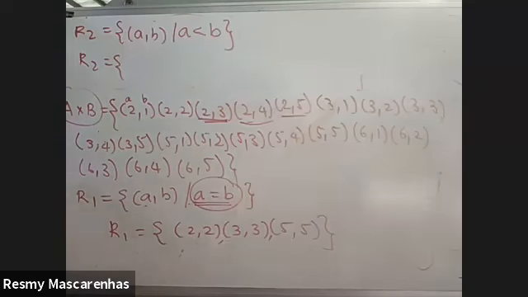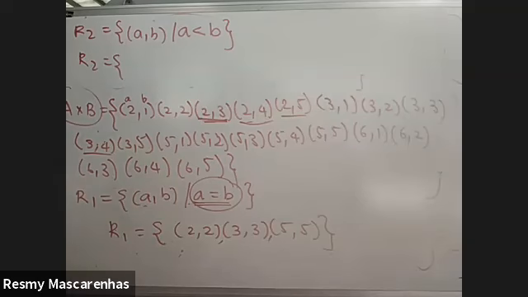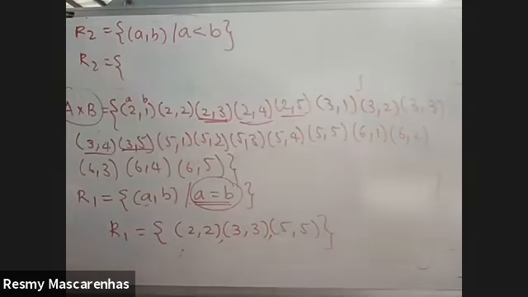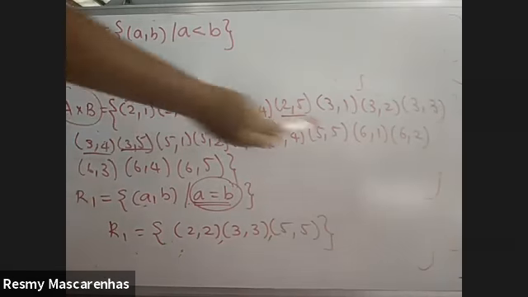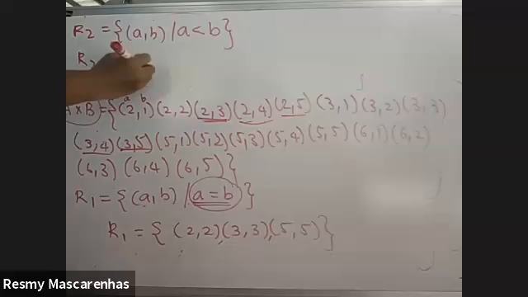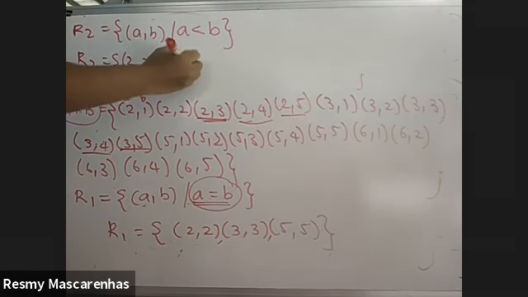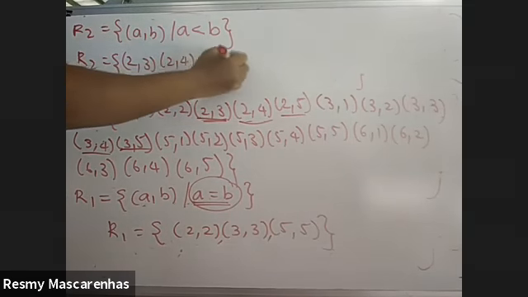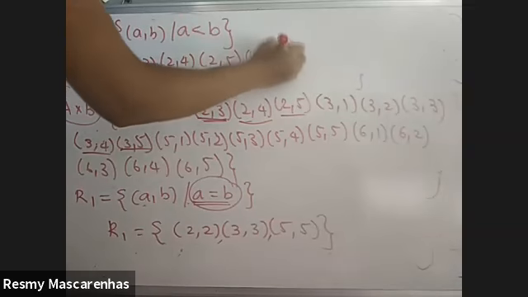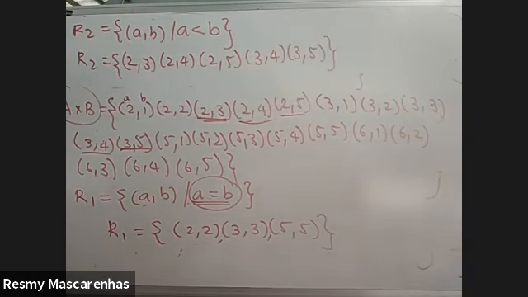A is greater than B. Again greater, equal, then 3 comma 4, 3 comma 5. This is not possible at all. In the rest, if you see, A is greater than B. So you only have to write those pairs where it is satisfying this condition. So this is another example of relation.